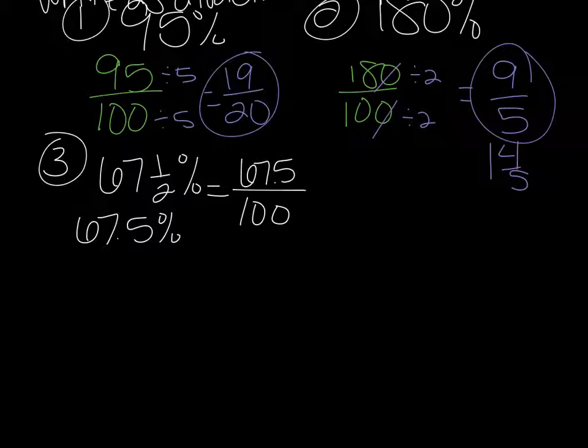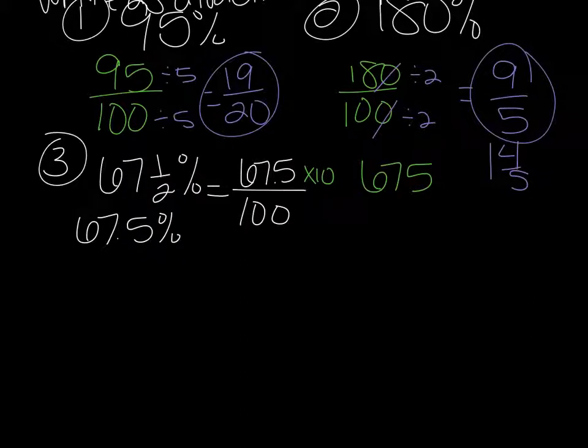That just doesn't work. So to get rid of that decimal, what I really need to do is move it one place to the right, and then I wouldn't have a decimal, right? What are we actually doing when we take a decimal and move it one place to the right? Multiplying by 10. Good, multiplying by 10. So what we're going to do is we're going to multiply by 10 because that lets me change that 67.5 into a 675. But I can't just multiply the numerator by 10 because that changes the fraction.